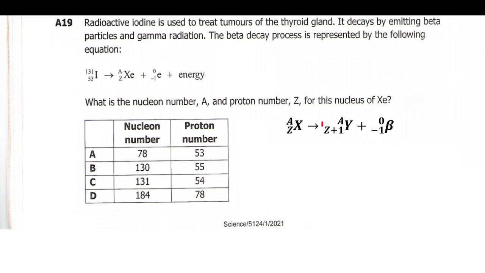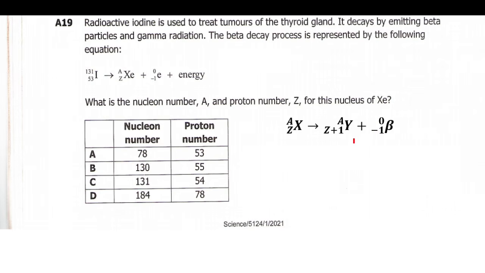However, its proton number should be larger than the previous one by 1, plus a beta particle which has 0 mass number and negative proton number, or atomic number.